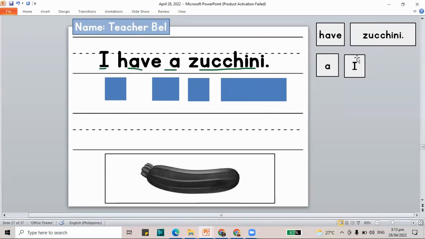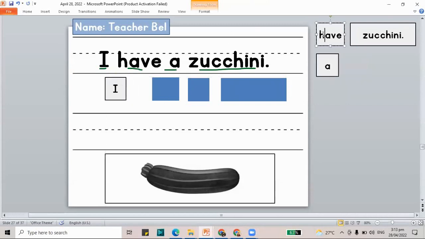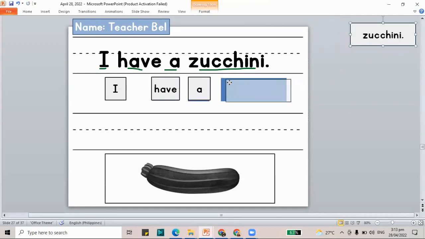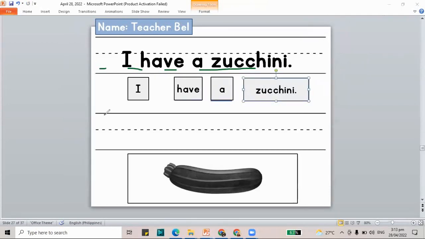And then you have to cut your words, build them together to make your sentence. I have a zucchini. And let's write. Remember to make your letters small so that you can still fit the long word zucchini.